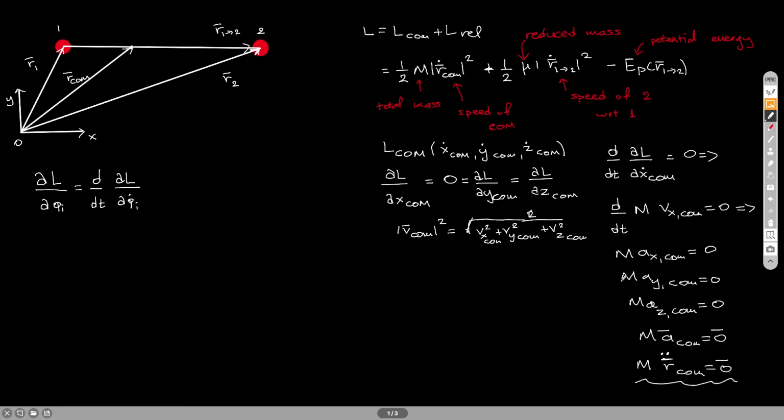So this is what I get from the center of mass part of the Lagrangian: the acceleration of the center of mass is 0. Now, I also have the second part of the Lagrangian, the one that depends on the relative motion of the system with respect to object 1.